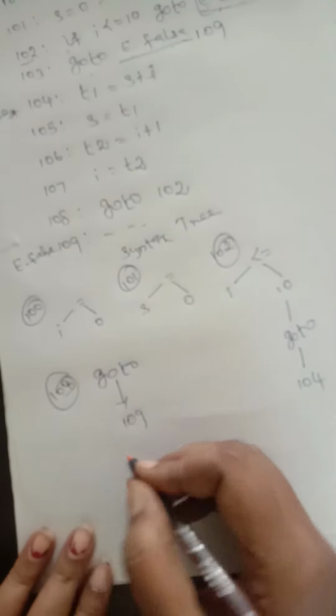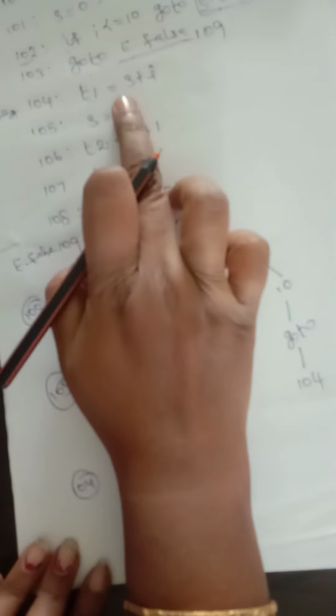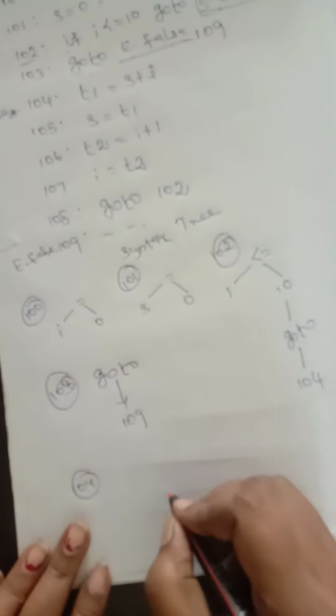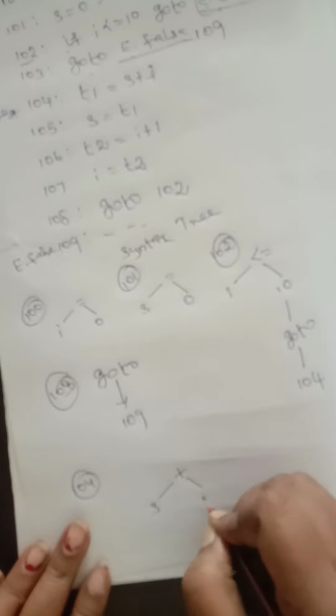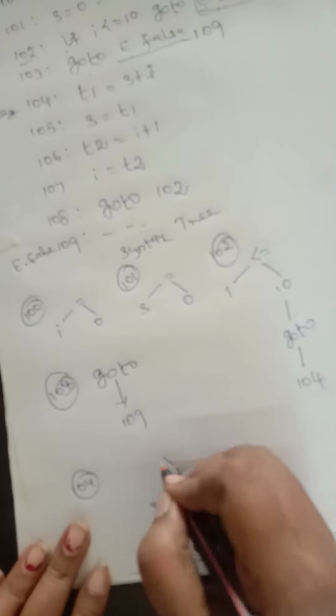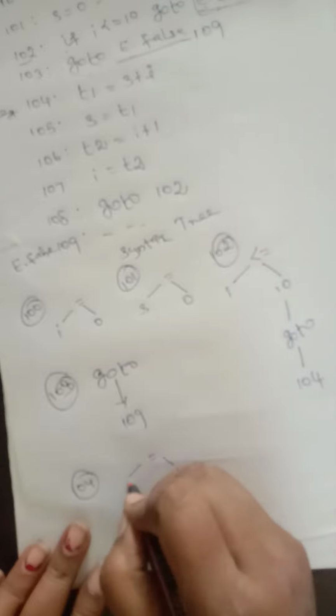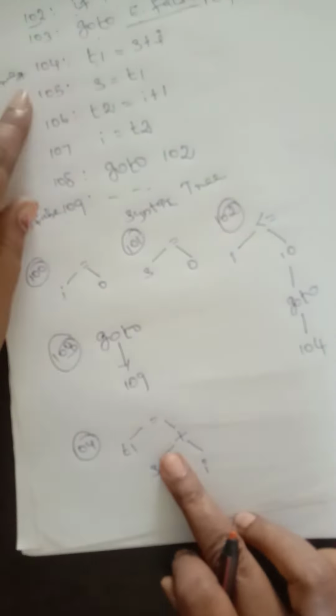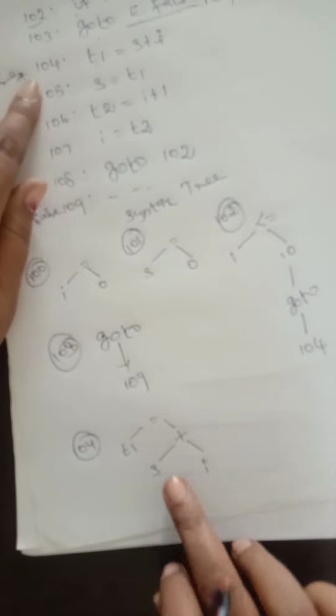How do we have to construct it? 104 is T1 equal to S plus I. So S plus I is called T1. S plus I equal to T1. This is for line number 104.